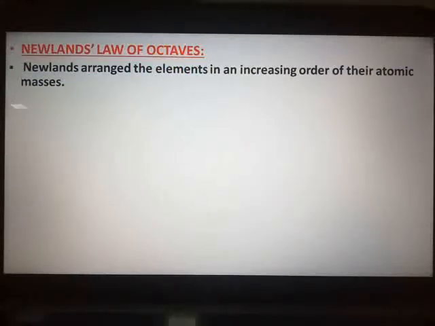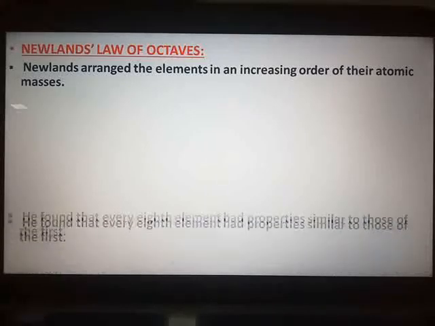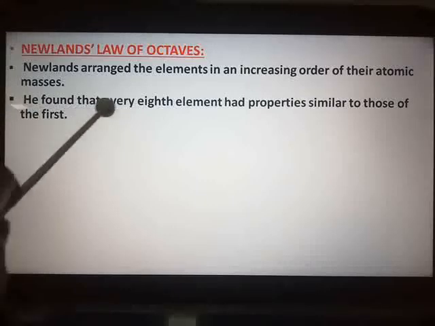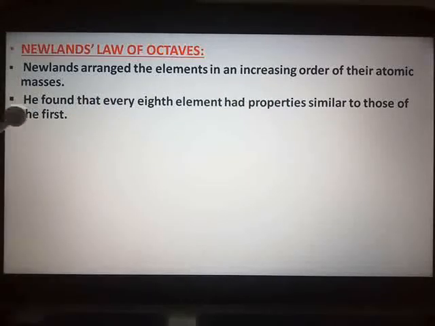So here also this classification is related to atomic masses. It started with the lightest element, hydrogen, and ended up with thorium. And what he found was that every eighth element had properties similar to those of the first.